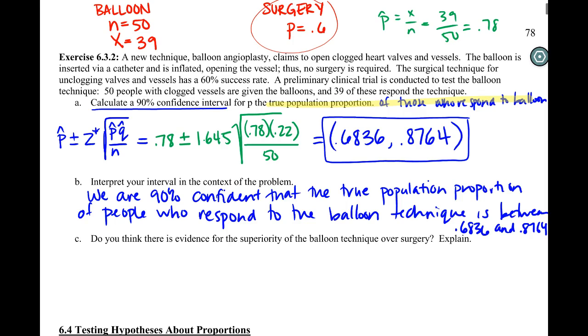Now, hopefully you're thinking, I'd totally rather have the balloon technique, because while we're not 100% sure that this is the true range of where that success rate is, our guess is that the success rate is between 68 and 88% versus a known success rate of 60%. So, yes.